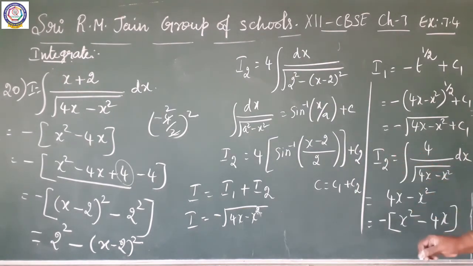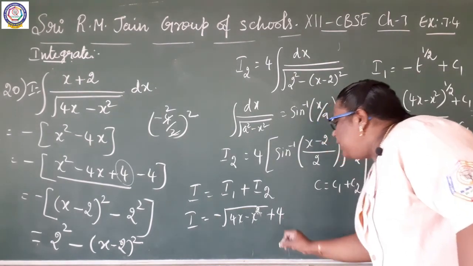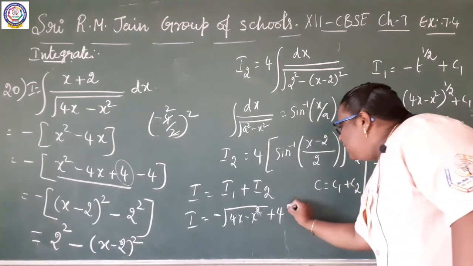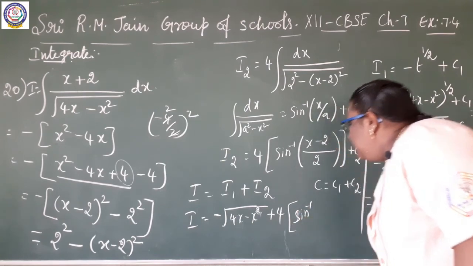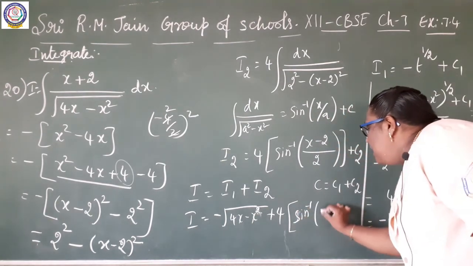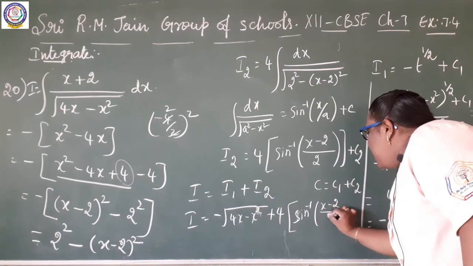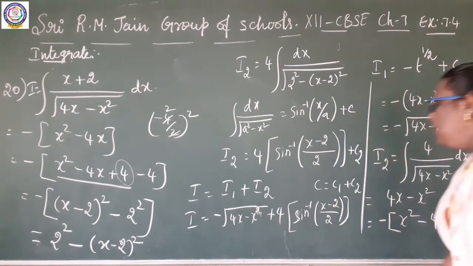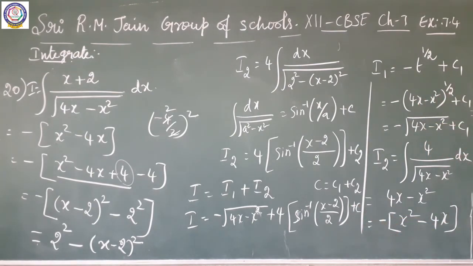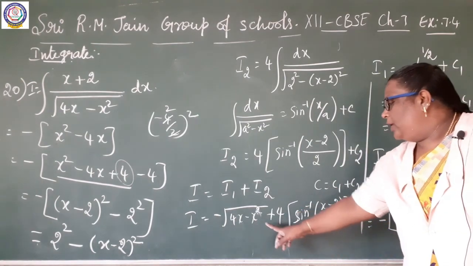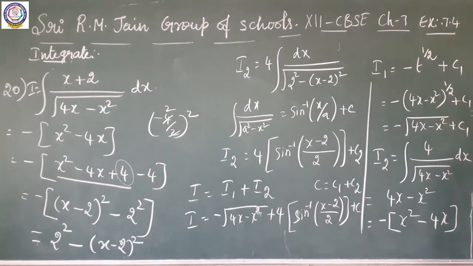What is I2 value? Plus 4 into sine inverse of (x minus 2) by 2 plus c. What is the I value? I equal to minus root of 4x minus x square plus 4 into sine inverse of (x minus 2) by 2 plus c.